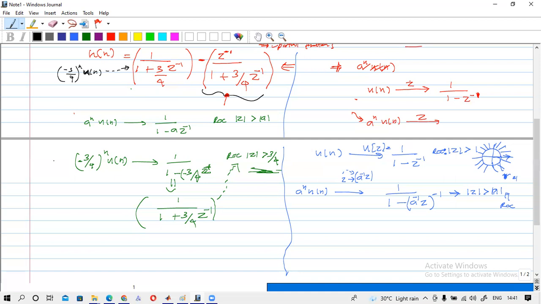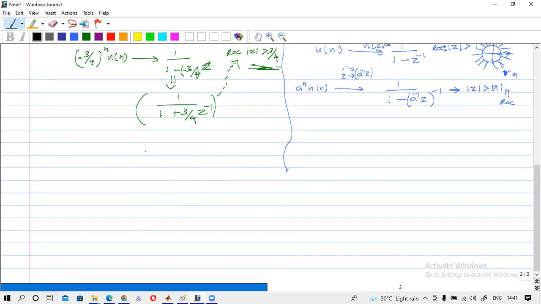We can get the time domain sequence, and that is enough. So can anyone tell me how to find the Z transform of this one? Actually, there also I think you can use a property.